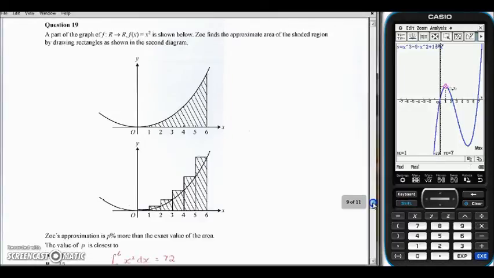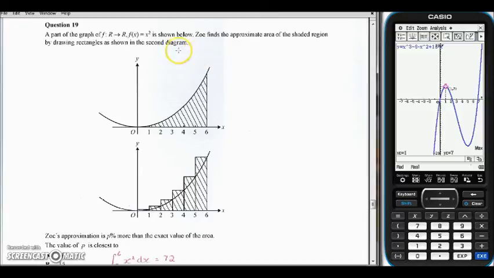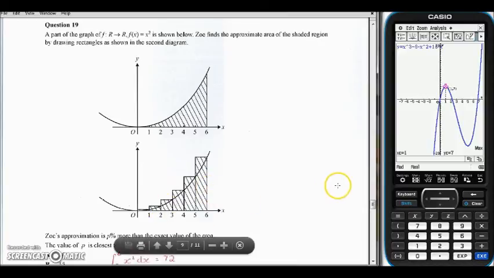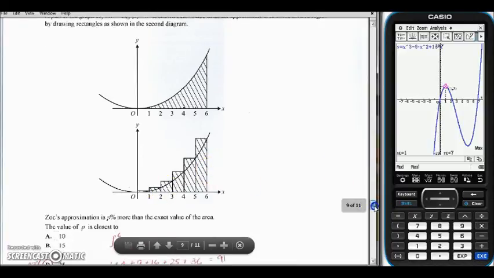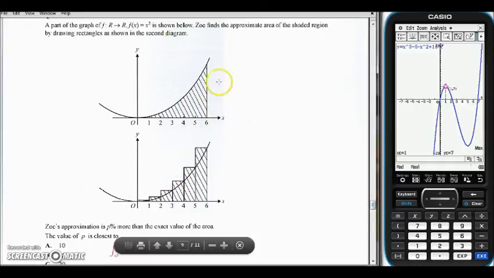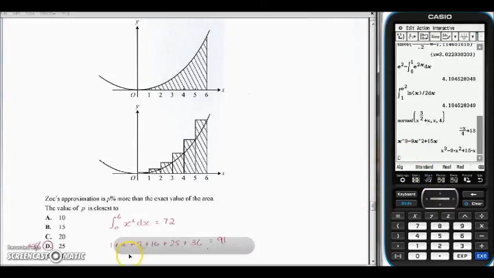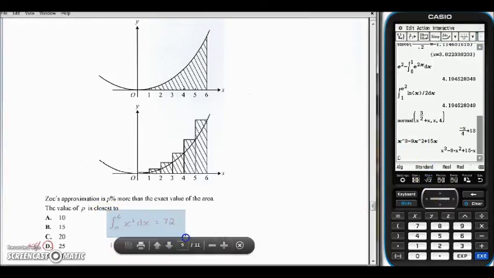So now we have another area under the curve question. We've got two methods for finding the area under the curve. One would give me the exact area, one would give me the approximate area. And we're going to see how much bigger this approximation is than the actual area. The curve is y equals x squared. So basically just work out both answers. I'm not going to bother doing this in the calculator, but if you integrate from 0 to 6 of x squared, you get 72.